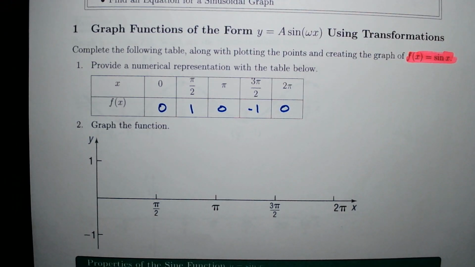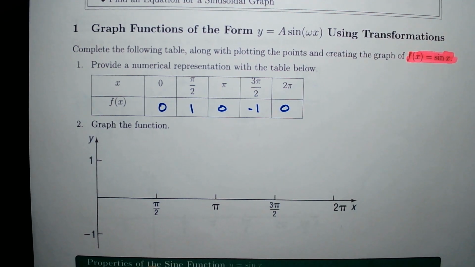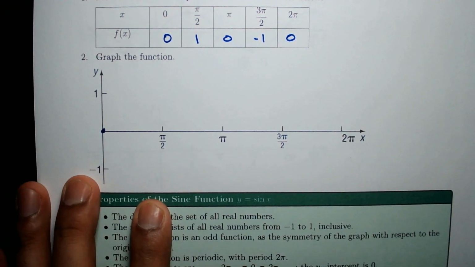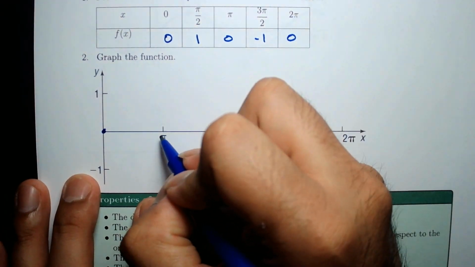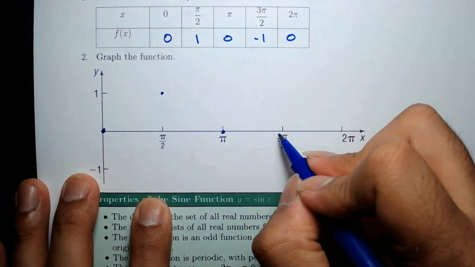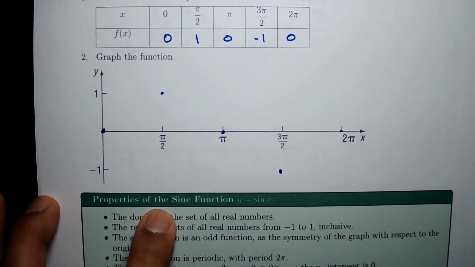Alright, so what are we going to do with this? Well, x, f of x is always y, so I'm going to plot these points: 0, 0; pi over 2, 1; pi, 0; 3 pi over 2, -1; and 2 pi, 0. We're going to connect these dots using the graph.